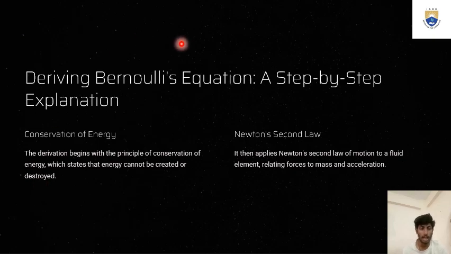Another principle is Newton's second law of motion, applied to a fluid element, relating force to mass and acceleration: force equals mass times acceleration. So using conservation of energy as a basis, and Newton's second law to move forward, he derived the equation. We can understand that he used these two principles.